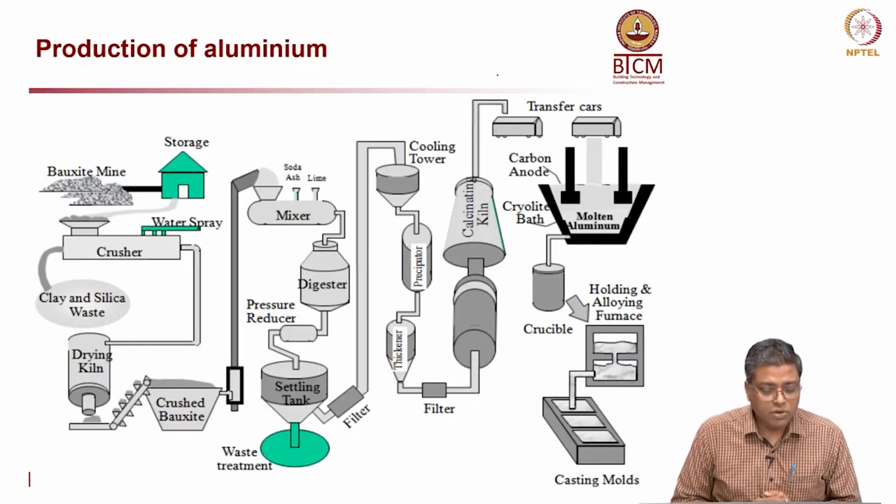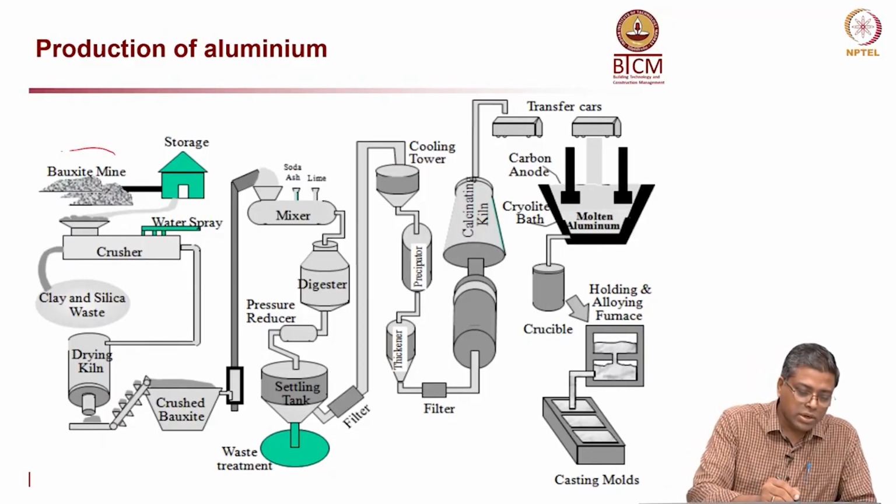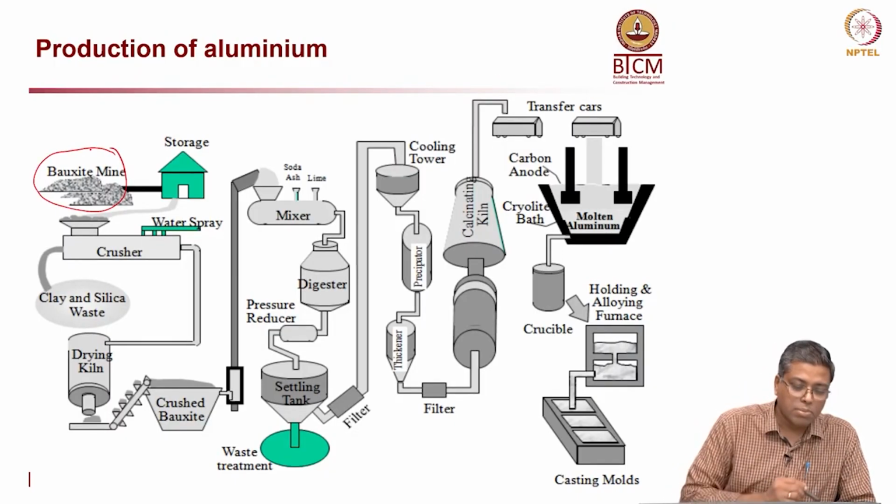Now, the production of aluminum. Mainly, what is the raw material which is used? It is nothing but bauxite.